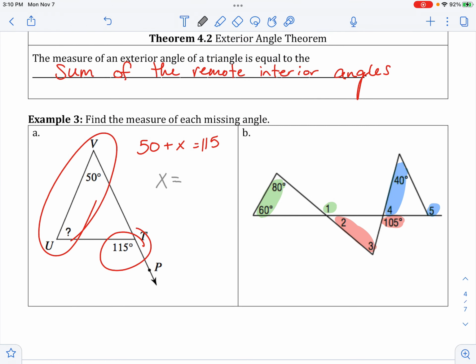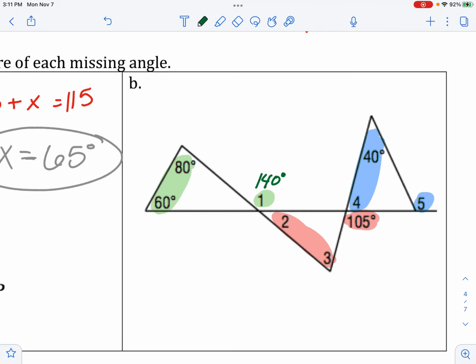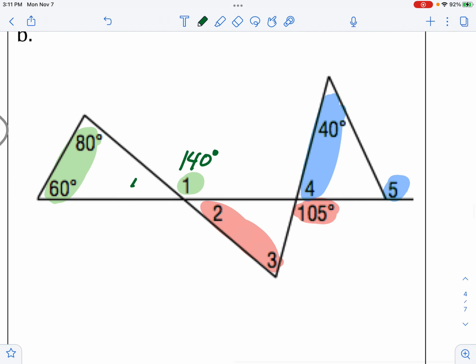Okay, so on example A, x should be 115 minus 50, which should be 65 degrees. On B, I can add up 80 and 60 to get 140 degrees. And what might be helpful here is to find your supplements.